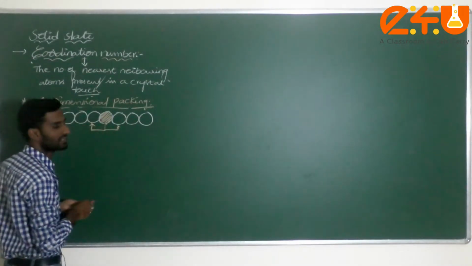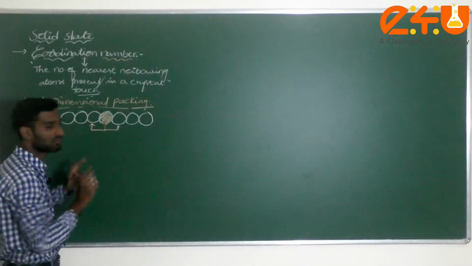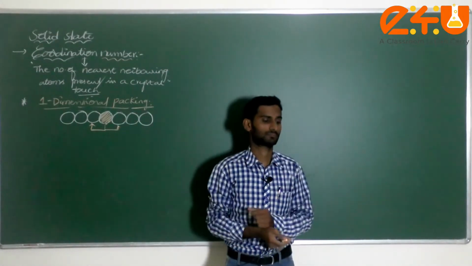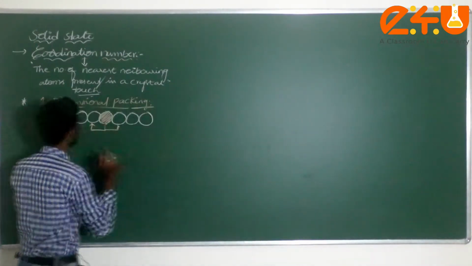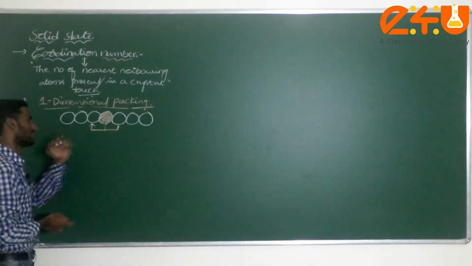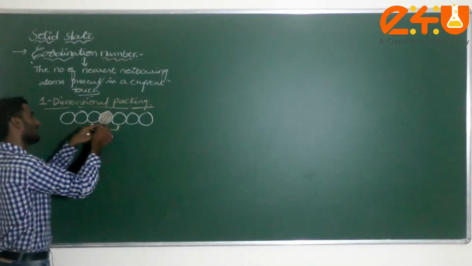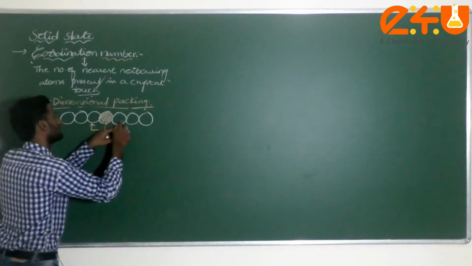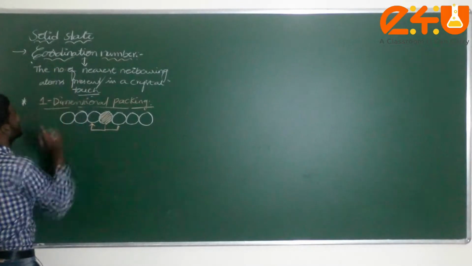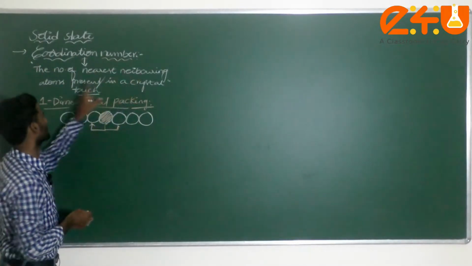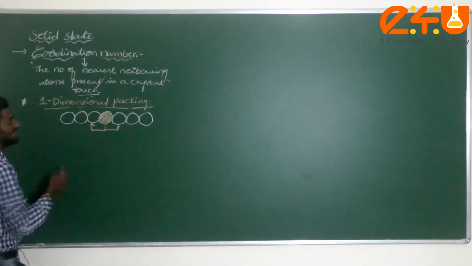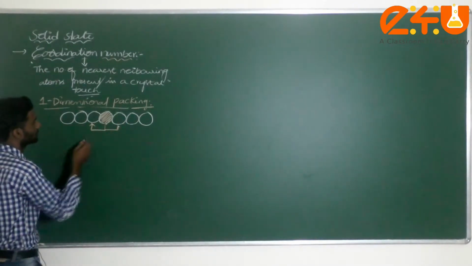That's why, for this one dimensional packing, all the atoms are arranged in linear form, and we have to identify how many atoms are attached to this atom, or this atom, we can consider anything. That's why it is called the coordination number: the number of nearest neighboring atoms that touch other atoms in a particular crystalline lattice.